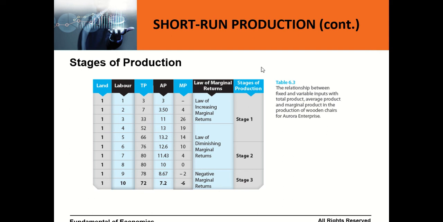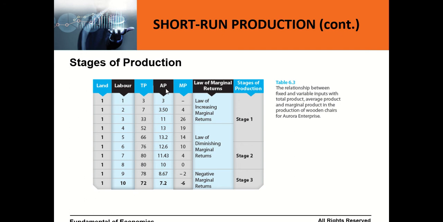Now your task is actually to calculate the AP and MP. Which AP and MP do you need to calculate? Obviously, you need to calculate the APL and MPL instead of APK and MPK. So you need to find the APL and MPL. Why? Because here we are talking about the changing input, labor.